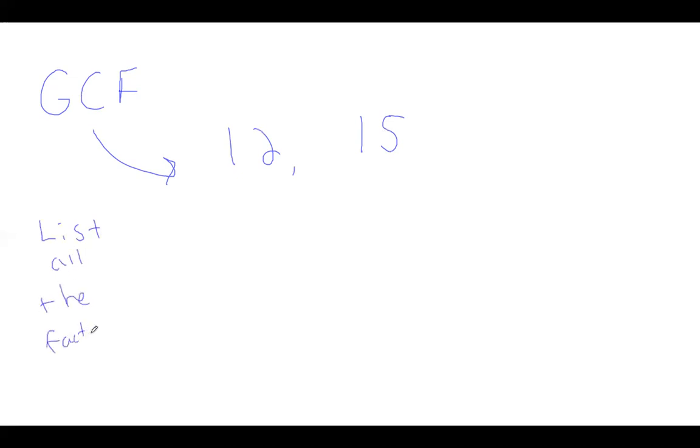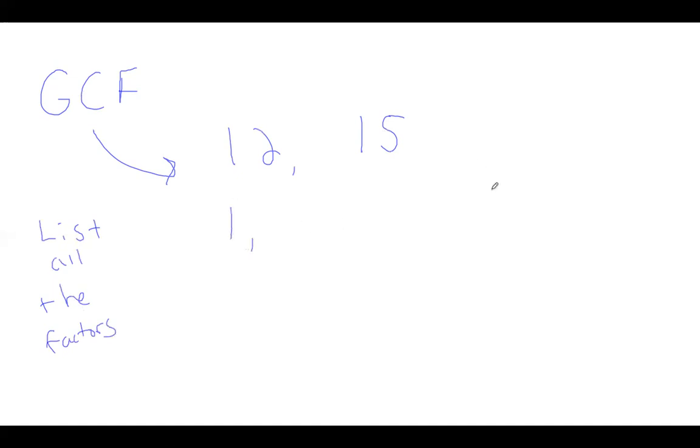Along these lines, we also learned how to find the greatest common factor, right? We're still in section 2, the greatest common factor of a pair of numbers. So if I was given the numbers 12 and 15 and told to find the greatest common factor, what I do is I list all the factors of each number.